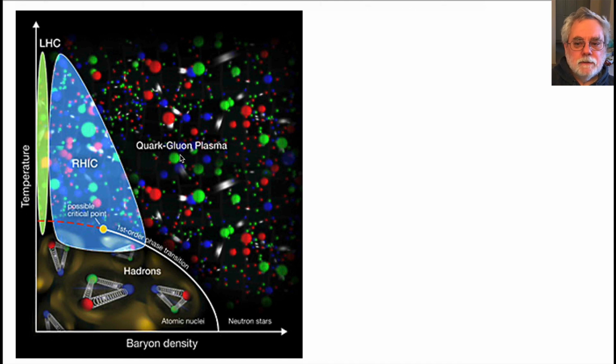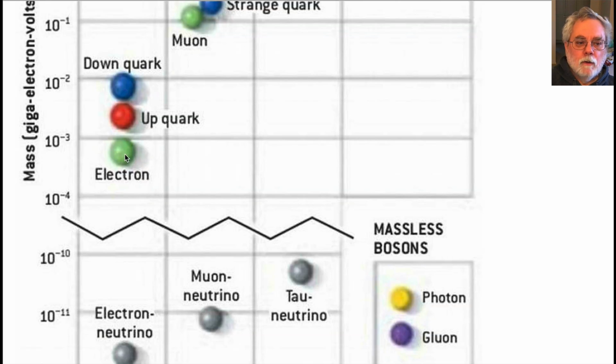Physicists have produced and studied quark-gluon plasmas at the Large Hadron Collider at CERN, shown in this green bubble, and the Relativistic Heavy Ion Collider, RHIC, at Brookhaven National Lab, shown in this blue bubble. There were also electrons and positrons, muons and anti-muons, neutrinos and antineutrinos, all in numbers comparable to the number of photons.